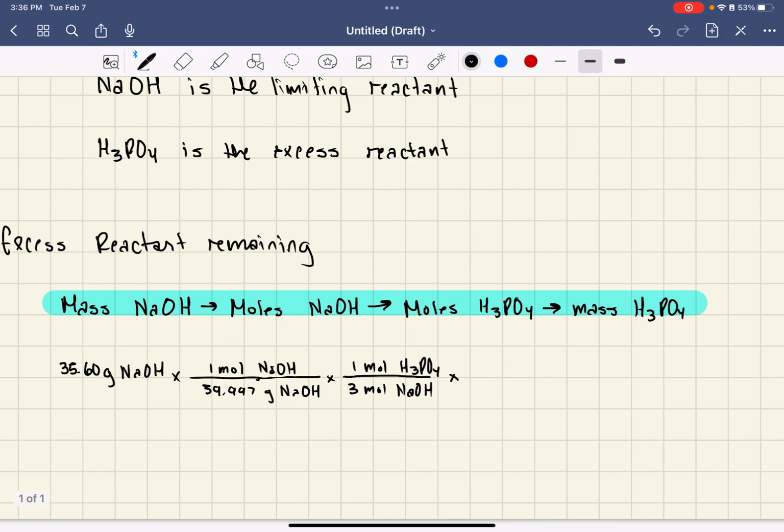So we have 35.60 times 1, which will obviously be 35.60, and we divide that by 39.997 times 3. This will give us a total of 0.2967 moles.